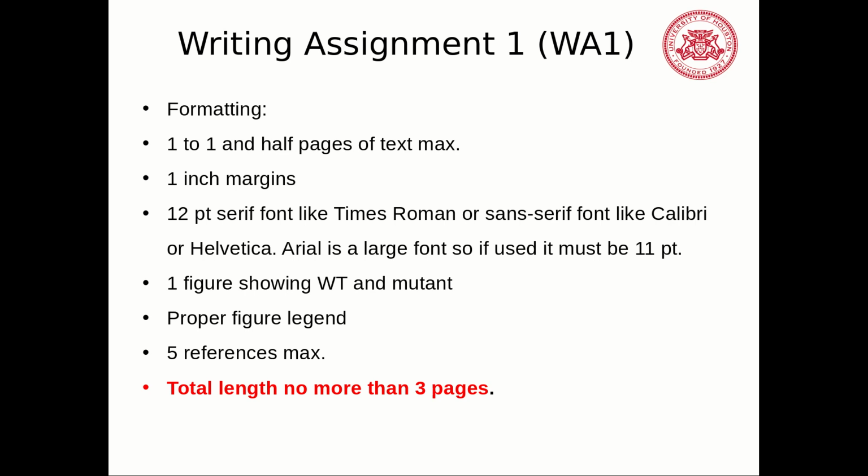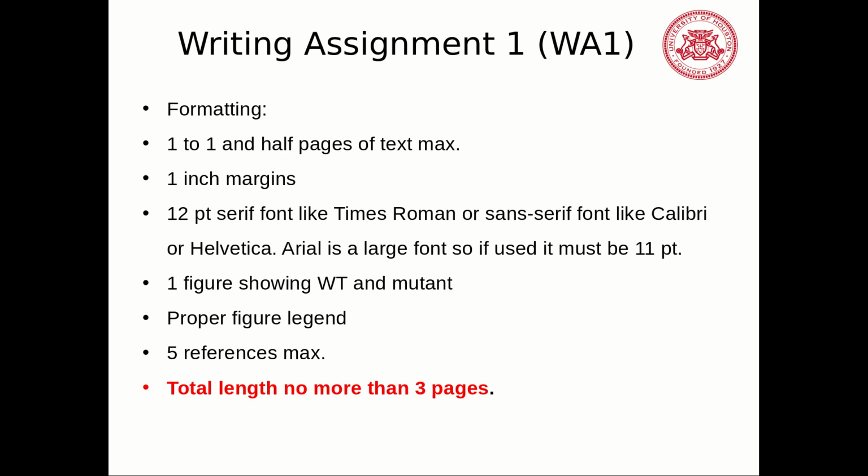So you know next time when you get to WA2, or especially WA5, writing assignment 5, that you've already figured this out and don't do it incorrectly. So you're going to learn to capitalize the right things, italicize the right things, put pictures in your papers the right size, use the right fonts, etc.